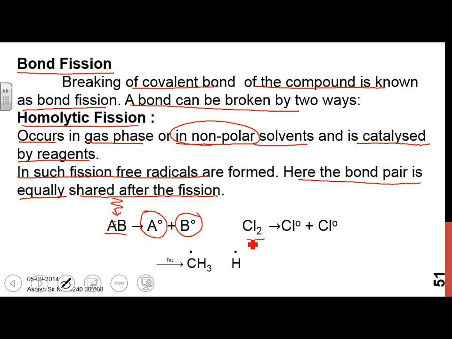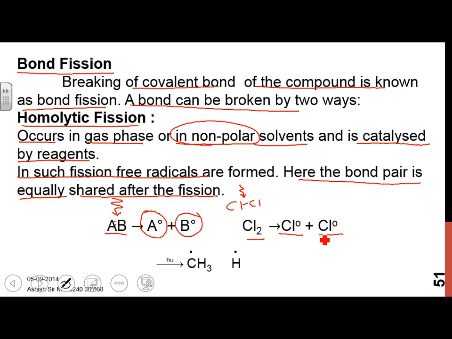Similarly, in another case, chlorine, they are sharing one electron each over here. Correct or not? And due to some reason, this bond is broken. This chlorine takes away its electron, this chlorine takes away its electron.